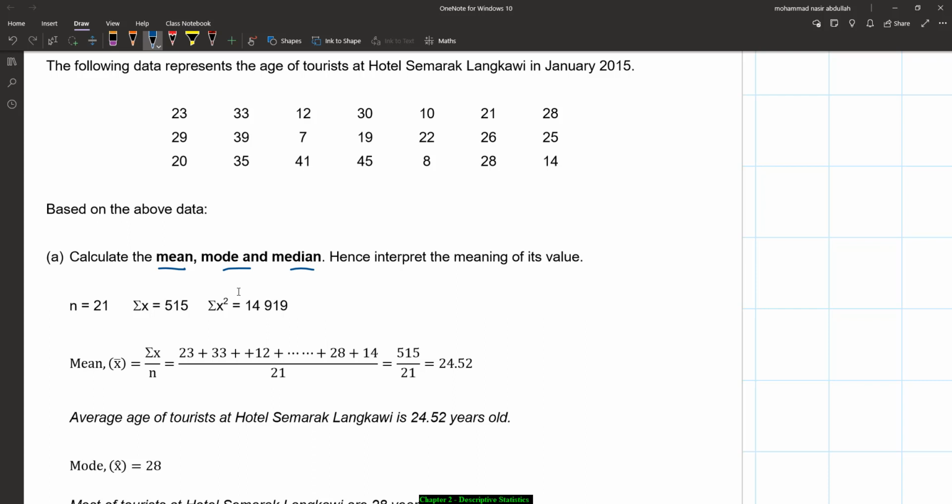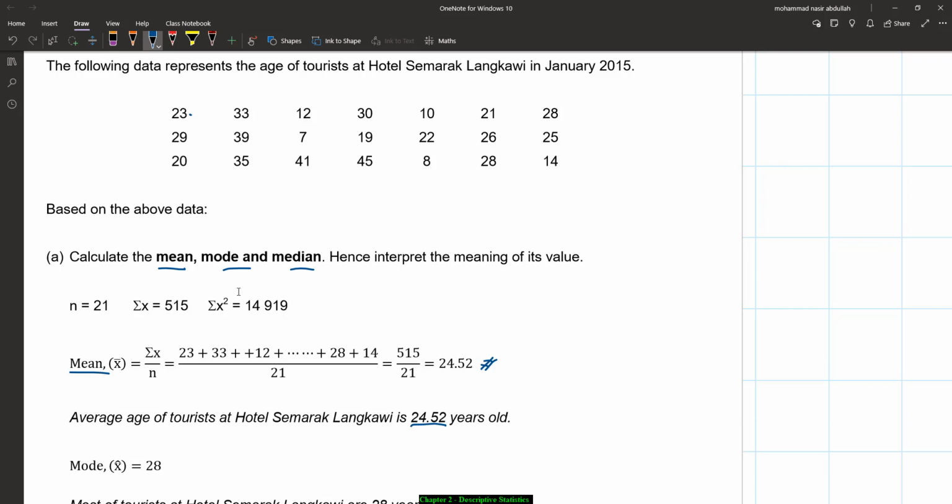If you want to find mean, summation of x divided by n, you need to add everything divided by 21, equal to 24.52. So this is the value of mean. How to interpret: the average age of tourists is 24.52 years old.